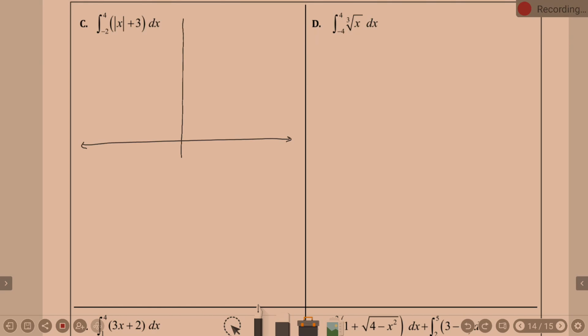Okay. So my v is right there at 3. What do the sides of the v do? They go up. They go up how? Slope of 1, up 1 over 1. Okay.